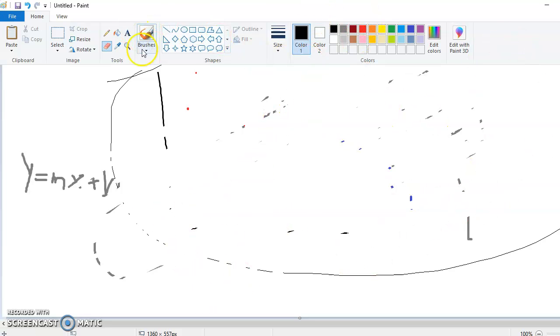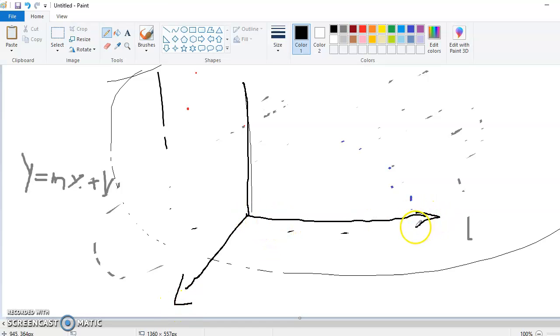I'm sure there's a better way to erase what I just did, but I'm going to start with drawing a visual representation, and also changing the size of my pen. This is what our coordinate system is going to look like if we're in something like TensorFlow, which is used with Python.